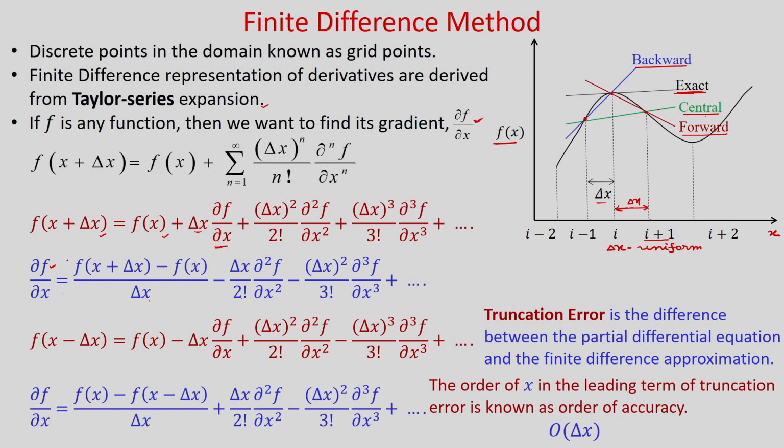So, the approximation using the finite difference method of this derivative is f x plus delta x minus f x divided by delta x, and these higher order terms you can neglect. These terms are known as truncation error.